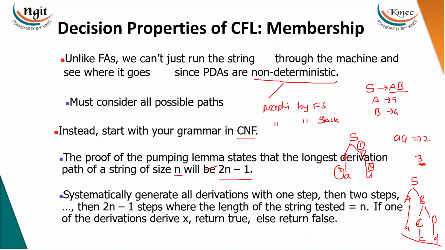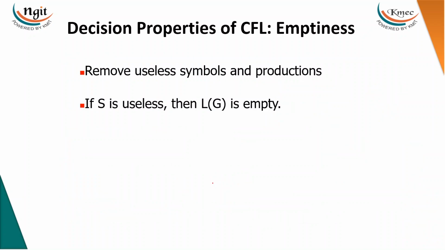See, a 3-length string we got in 5 productions: 1, 2, 3, 4, sorry, 5, because 2 times 3 minus 1, 6 minus 1, is 5. So in CNF, the string will be decided in exactly 2n minus 1 steps if the size of the string is n. If it can't be derived, then it is not accepted. We can say that, so that's why it is decidable.